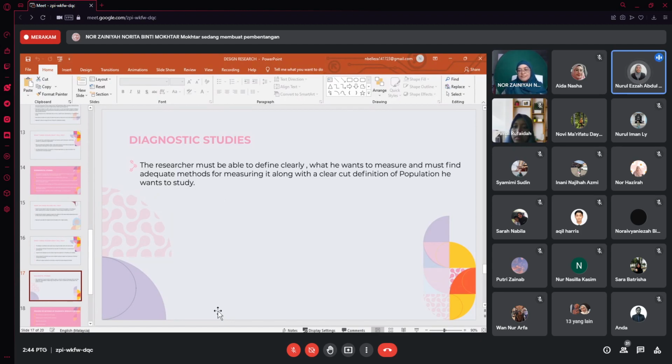Yes. About the definition of diagnostic studies and the experimental. Okay. Diagnostic is something like you already know what is the measurement. Let's say, for example, I have migraine. So I'm diagnosed with migraine, right?